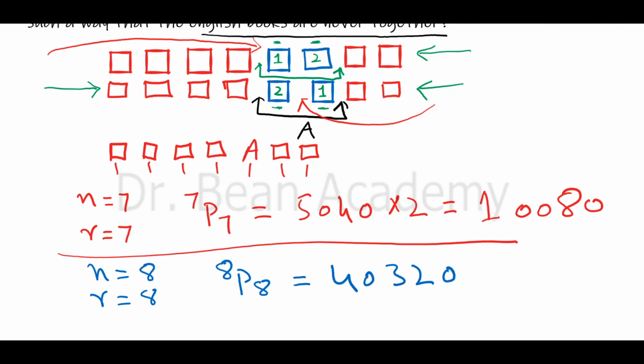So these are the permutations in which English books are together and not together. These are total permutations. And here I have the permutations when the English books are together.